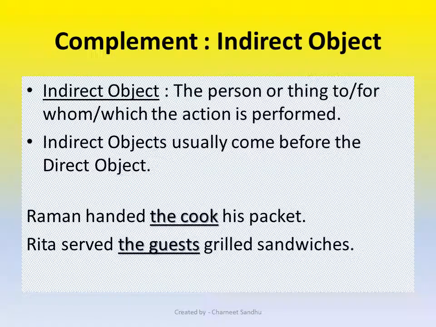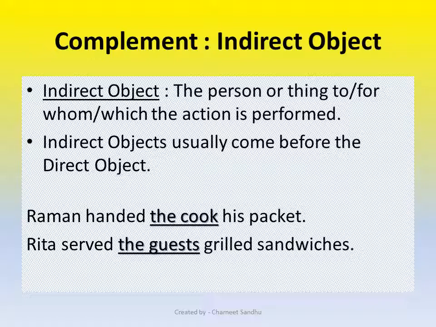Next example. Rita served the guests grilled sandwiches. Here in this sentence, Rita is the subject. Served is the verb. Grilled sandwiches is the direct object because the grilled sandwiches receive the direct action of the subject Rita.